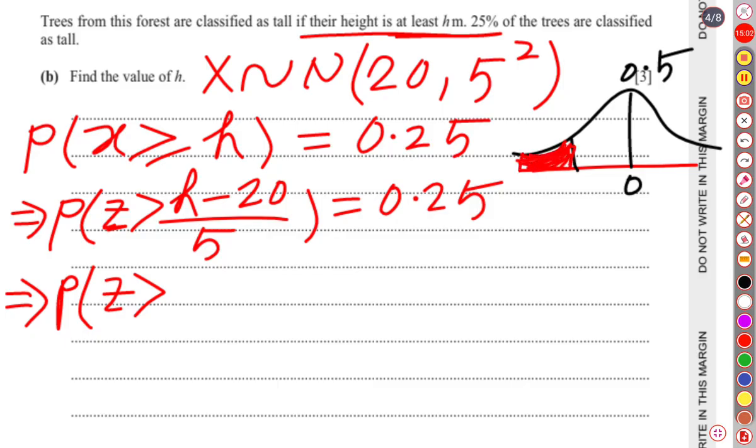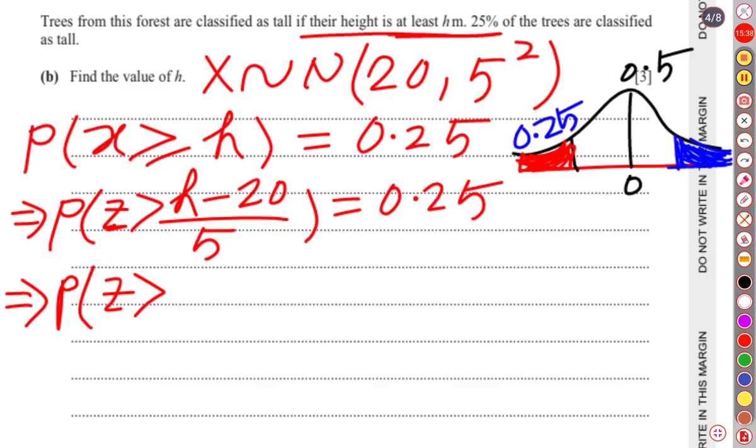This is 0.25, that is 1/4 of the whole graph. Now this curve is definitely similar to this portion. Look at this red shaded region and blue shaded region, they must be equal because the graph is symmetrical.